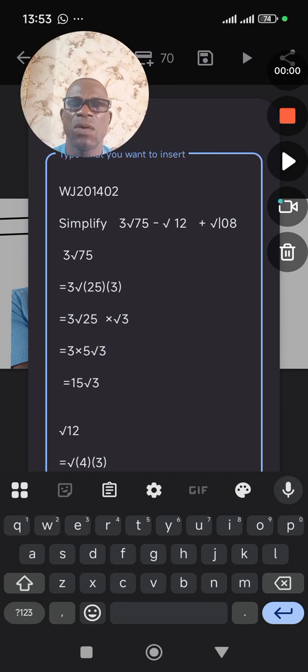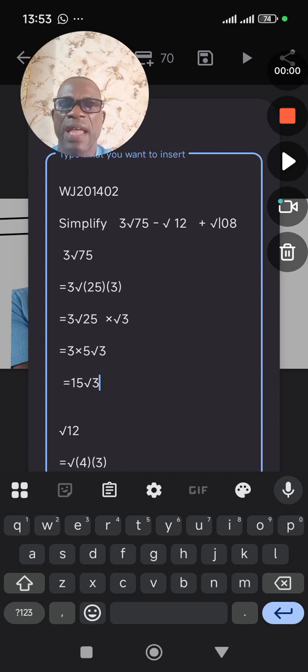And finally, we got 15 square root 3. That is 3 times 5, 15, then square root 3. So 3 square root 75 is now simplified to become 15 square root 3.